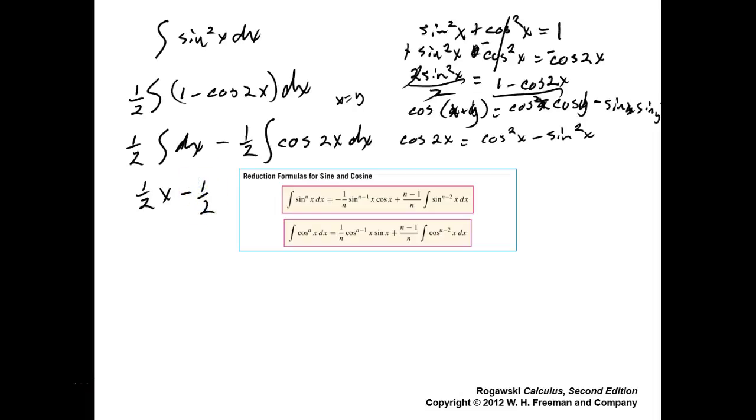Now, how would you do the integral of cosine 2x dx? What's your favorite answer? Substitution, yeah, I thought he would say that. What you reckon we're going to do is a substitute?